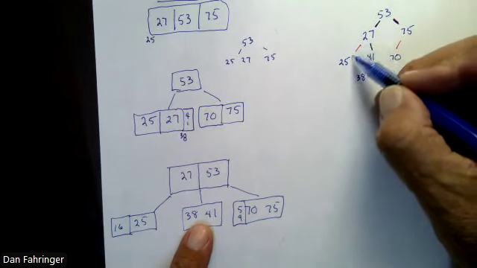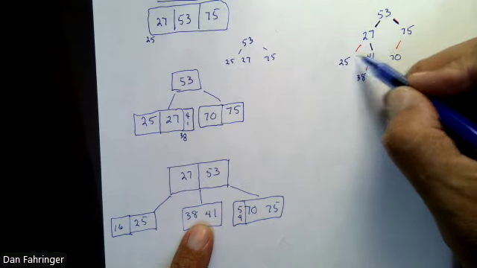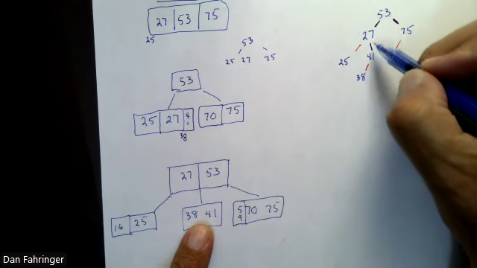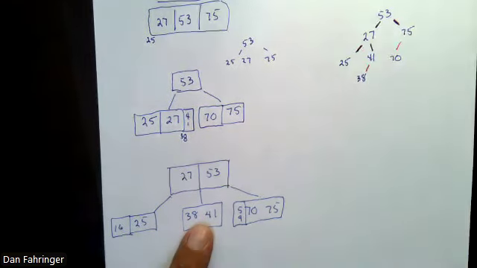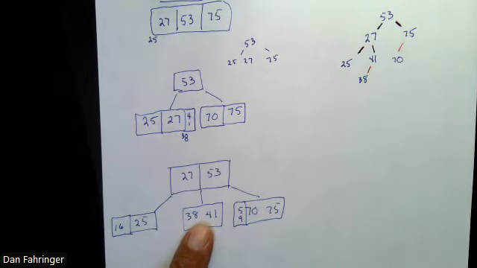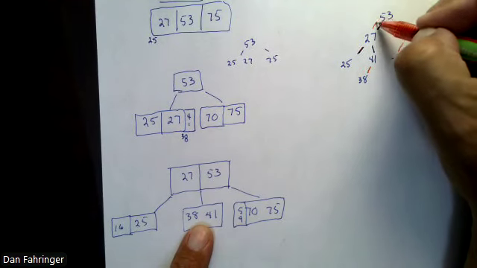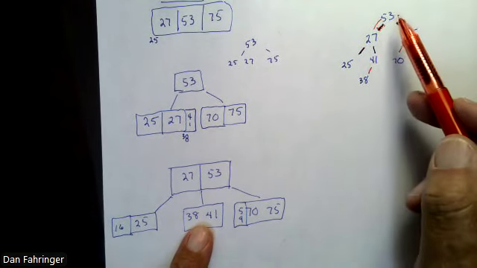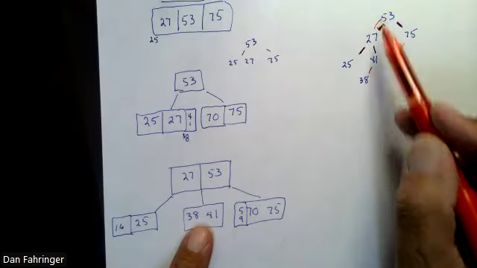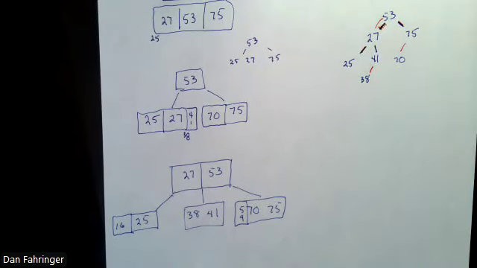What about here? So I added this red. It changed this one. It changes this one. And it changed this one. 27 and 53. So all of these changed colors working their way up.